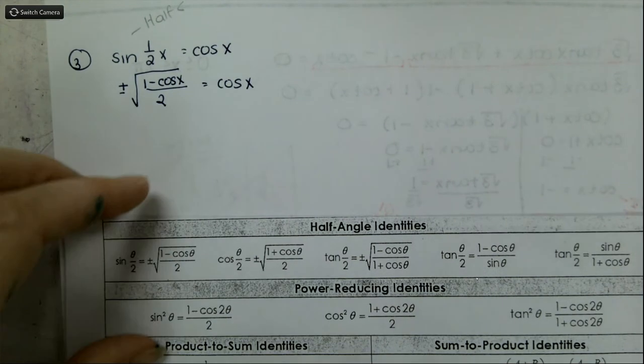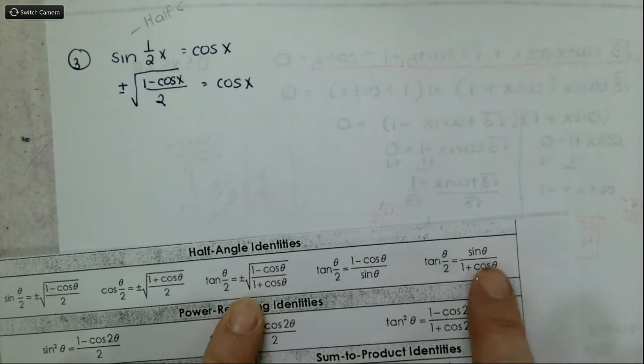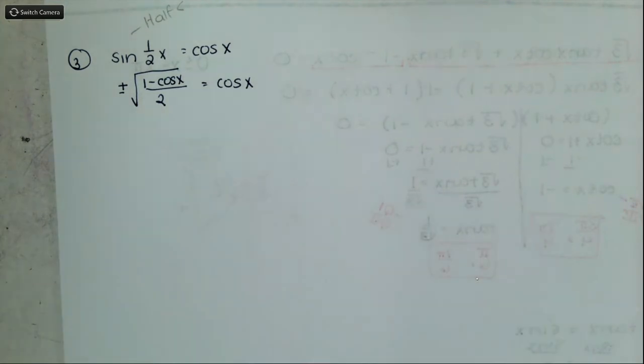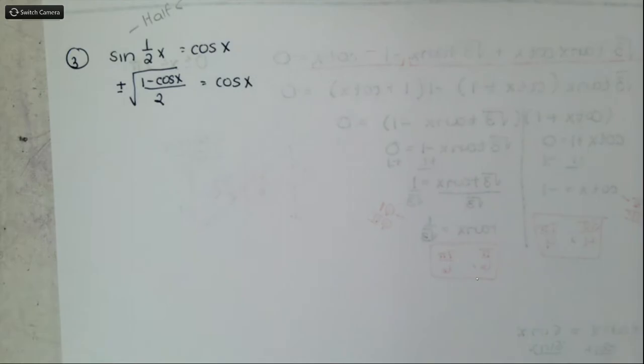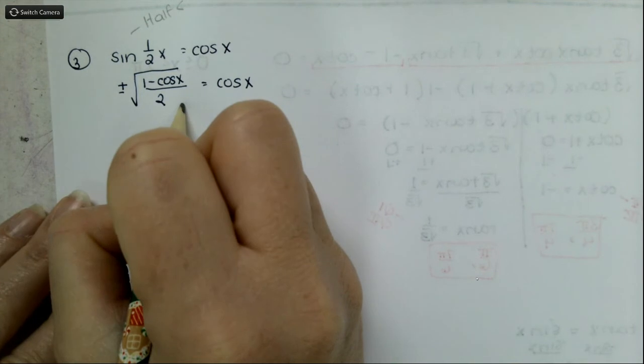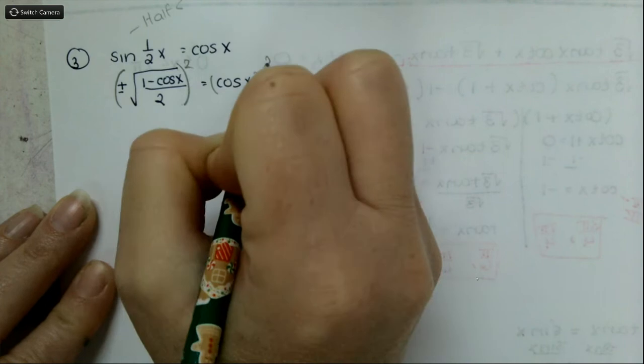All right, now if you were doing one that had a tangent half angle, you would want to decide what you wanted. Do you want only cosine, or do you want sine and cosine, which will help you more. All right, how do we do this? Well, what is the opposite of a square root? Squaring. So we're going to square both sides.